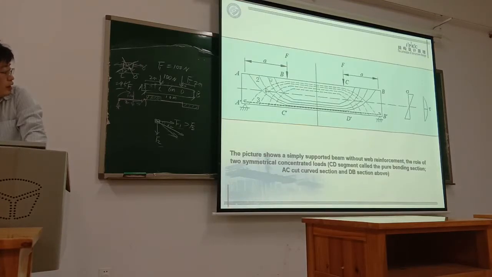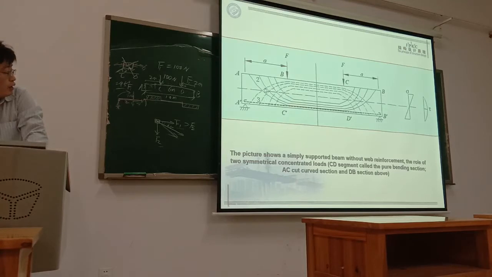So we draw this principal tension stress, this principal compression stress. We draw the distribution of this principal stress. We can get this curve. And here, if we take 3 small parts of this beam, part 1 is here, part 2 is here, part 3 is here.